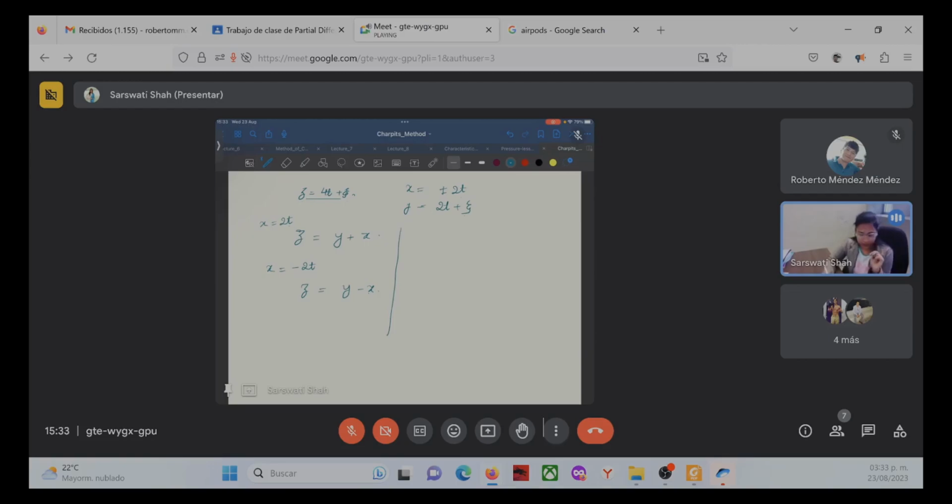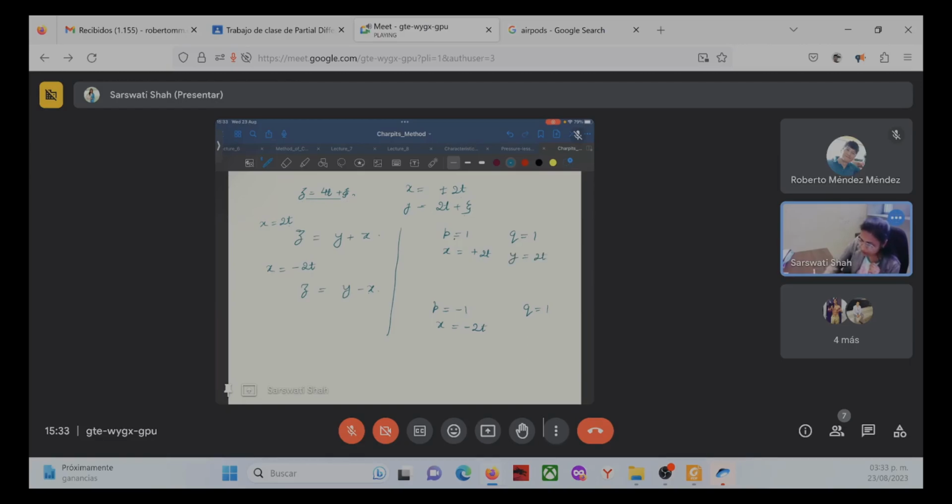So we have two sets of solution. What are the solutions? P equals 1, Q equals 1. Second, P equals minus 1, Q equals 1. Here x equals 2t, here x equals minus 2t.